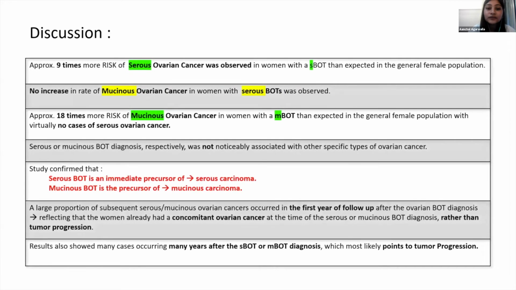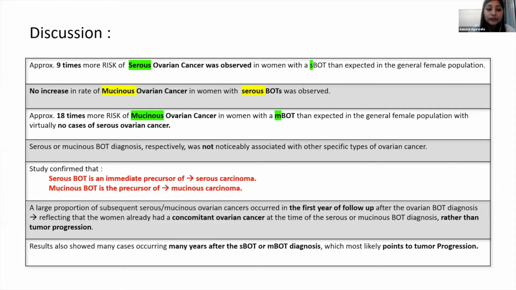So coming to the discussion, this paper states that there was approximately 9 times more risk of developing serous ovarian cancer in women with a serous borderline tumor than expected in the general female population. Whereas there was no increase in rate of mucinous ovarian cancer following serous borderline diagnosis.